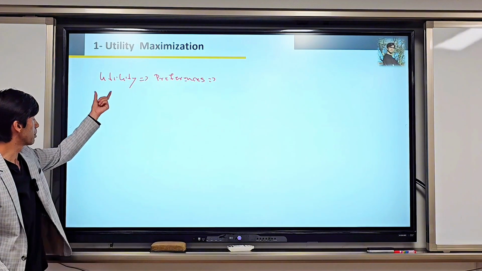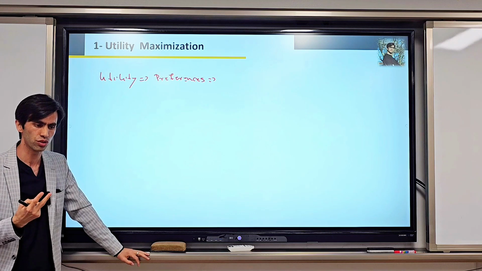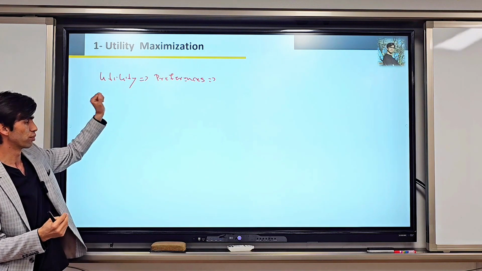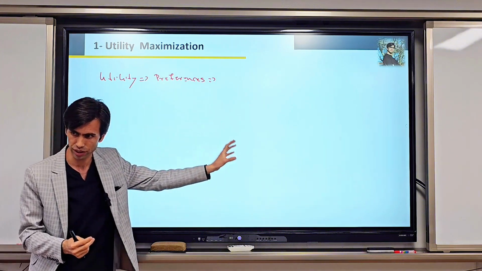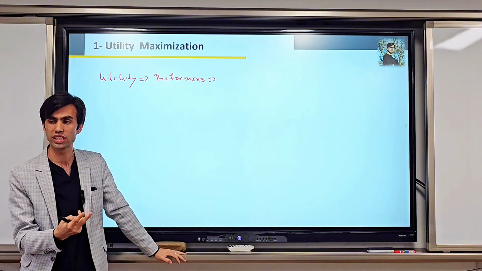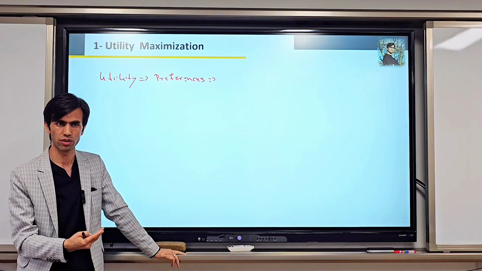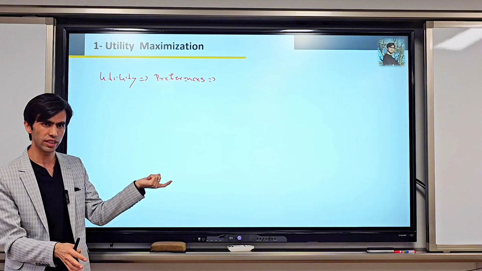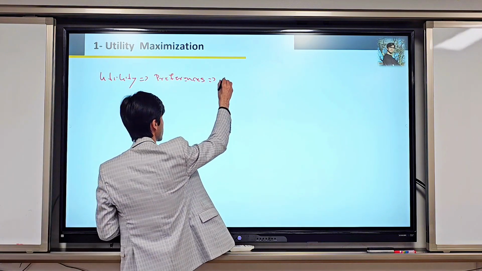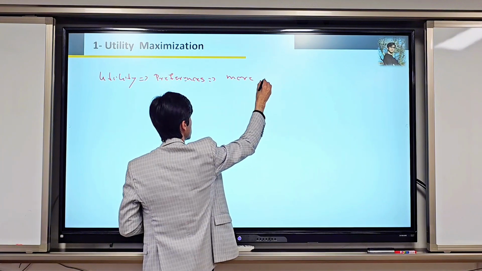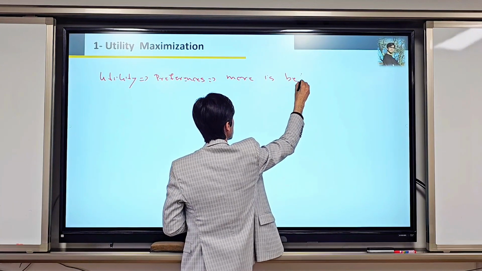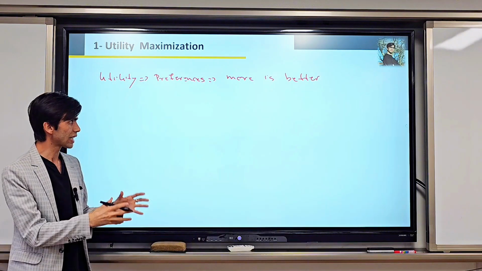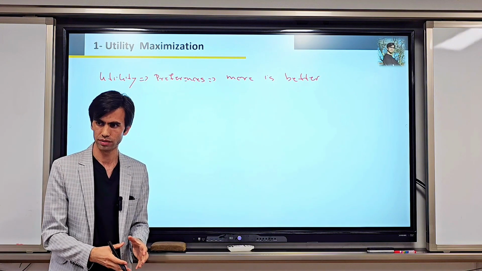When we talked about utility functions and preferences, there were two mostly used axioms for proving that a utility function represents preferences: monotonicity and continuity, and at the same time local non-satiation. Monotonicity and local non-satiation always say that more is better. We know that more is better. More consumption will provide more utility.